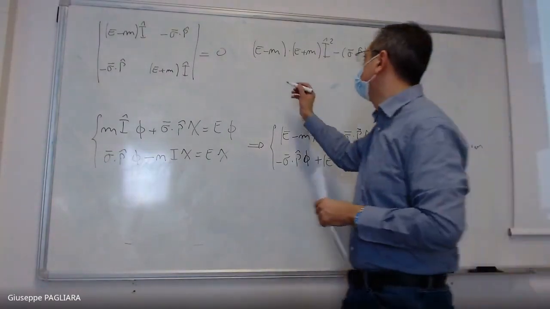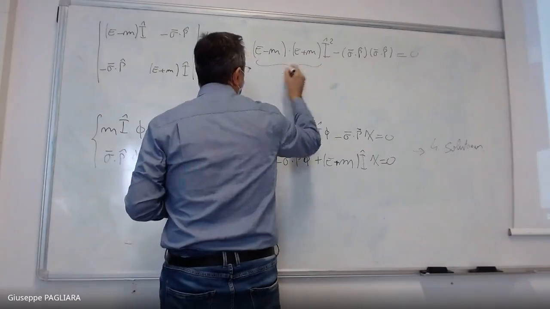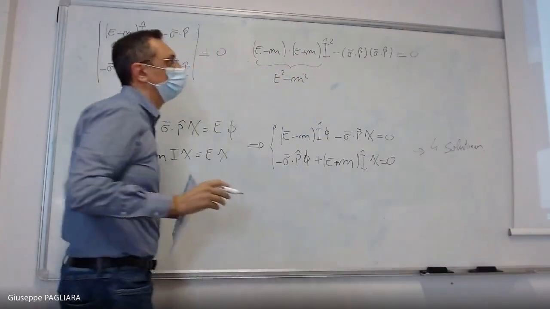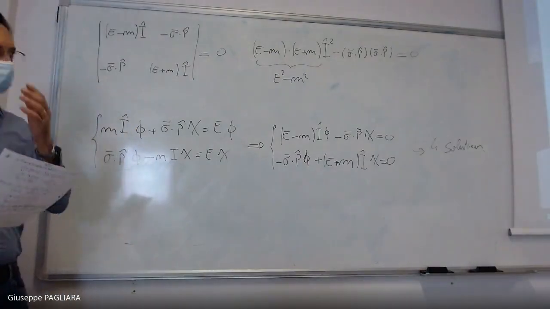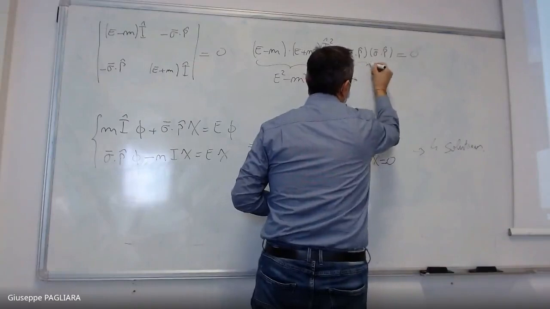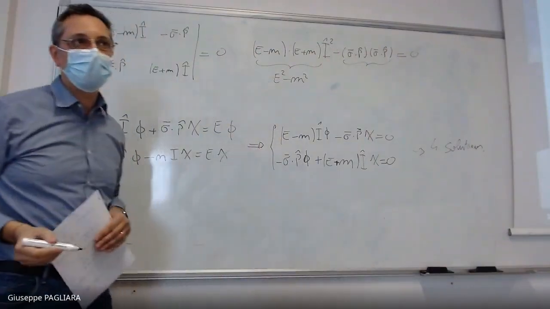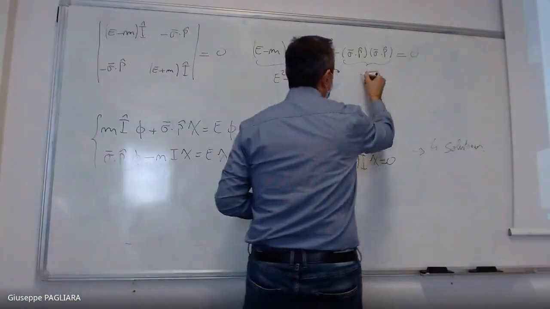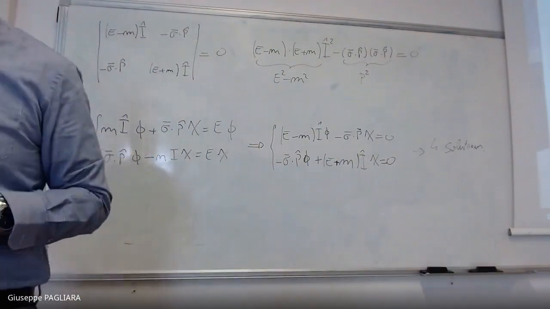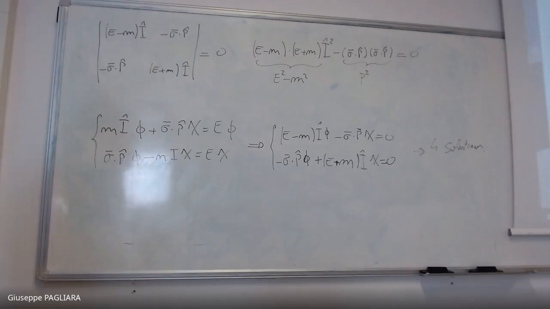Now this really is E squared minus m squared. And this, you can check yourself with simple passages that I will not do, but it's nothing less than p squared. Just make use of the Pauli matrices and take the products.